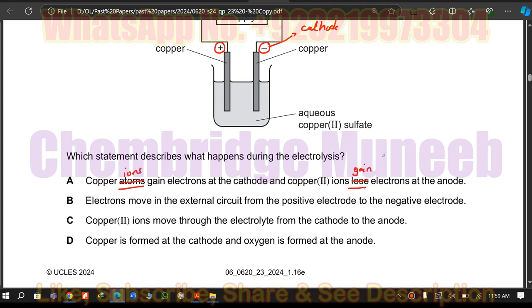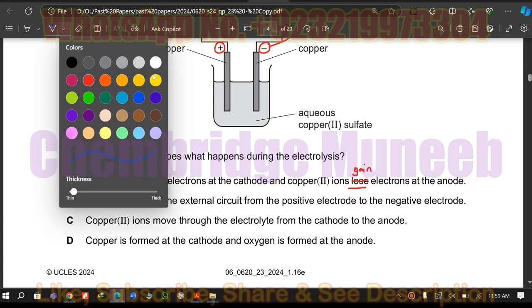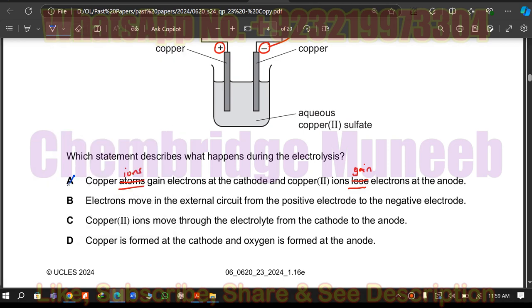It should be gain of electrons at the cathode, so that's why this option becomes incorrect.